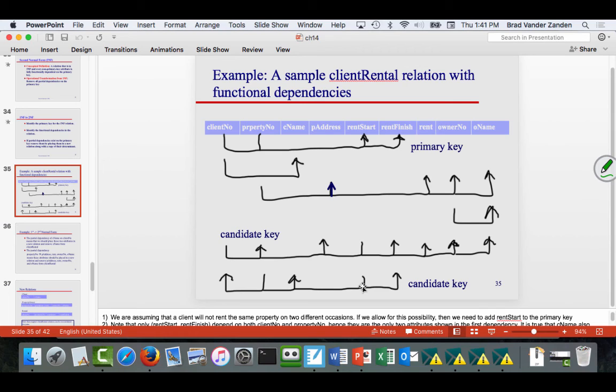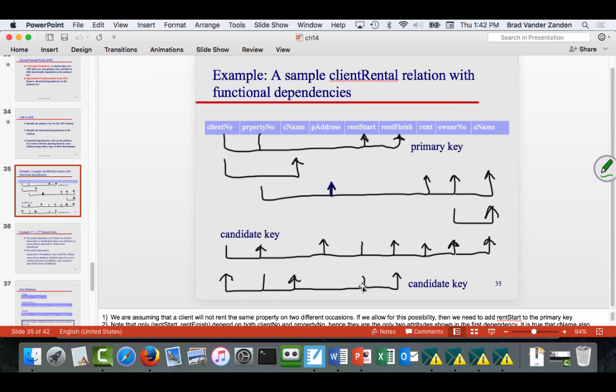Okay, and there's two other candidate keys. What are the two other candidate keys here? This is a bit like the booking relation. So the client number combined with what else will also uniquely be able to determine everything? How about rent finish?